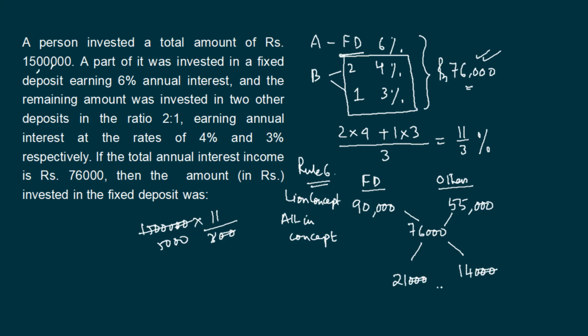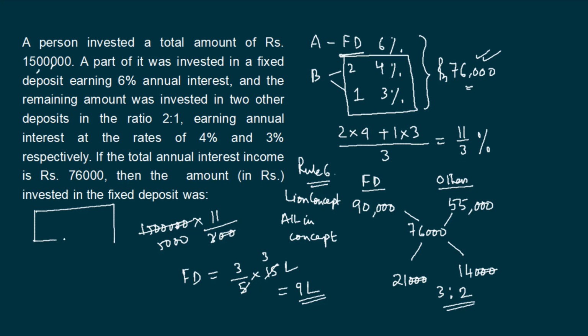So I can see the investment is in the ratio of 3:2. So how much is invested in FD? Investment in FD is 3 by 5 of 15 lakh, that is 9 lakh. Since it is a type-in answer and we need to type in the amount in rupees, the answer is 9 lakh.